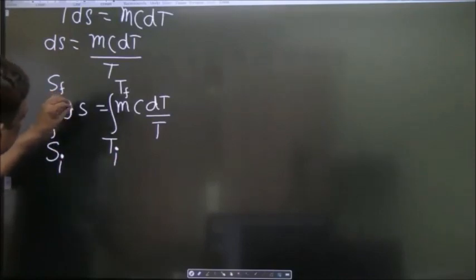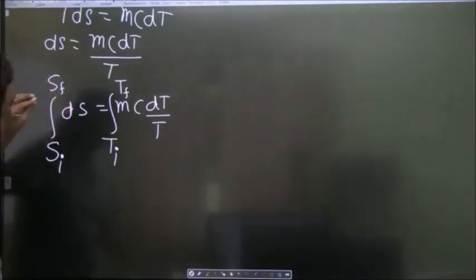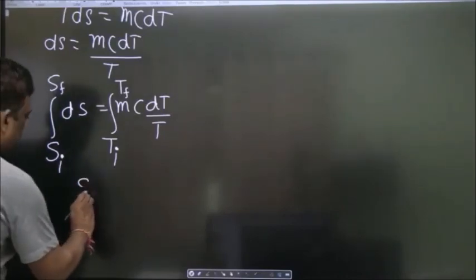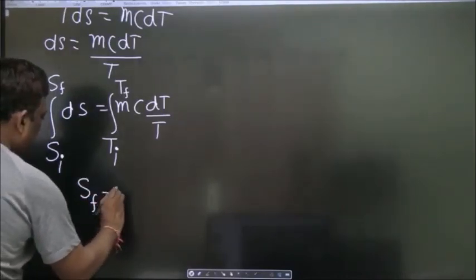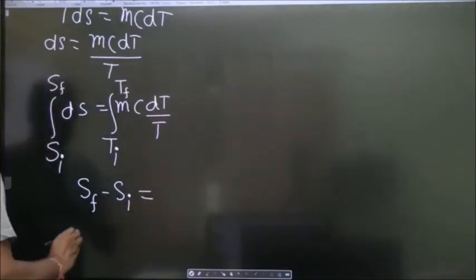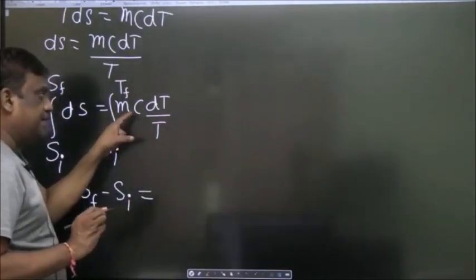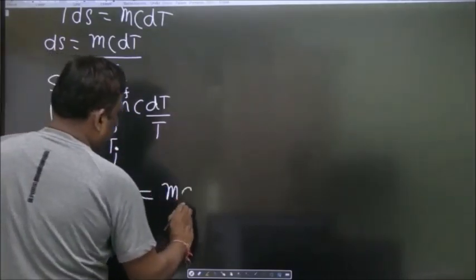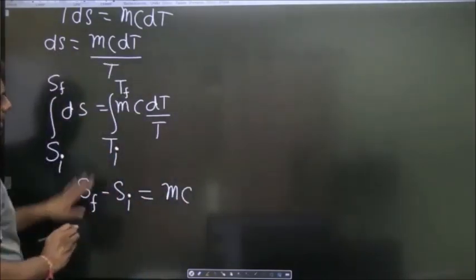Now, what is the integral of dS? S ka matlab final minus initial, so it is SF minus SI. And that is equal to, if the specific heat is not varying with temperature, take it out. So it is MC, MC is taken out.